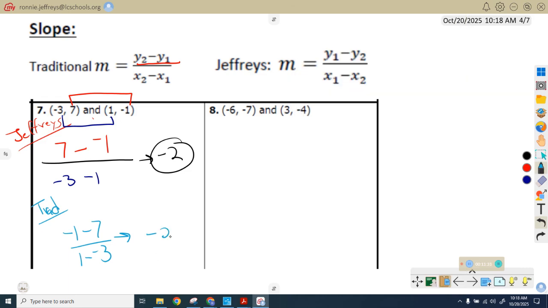I still get -2. So on this one, that's why it doesn't matter. Now, if you're asking me a question like, hey, I need help with this, I'm going to ask, which way are you doing it? Are you doing it the traditional way or the Jeffries way? Pick the one that works for you.